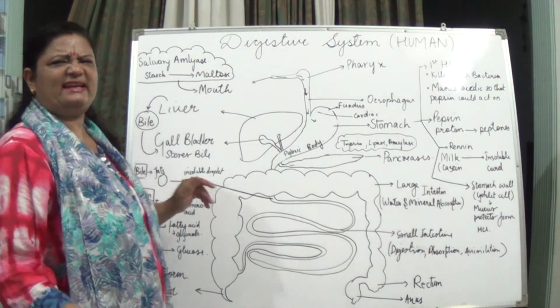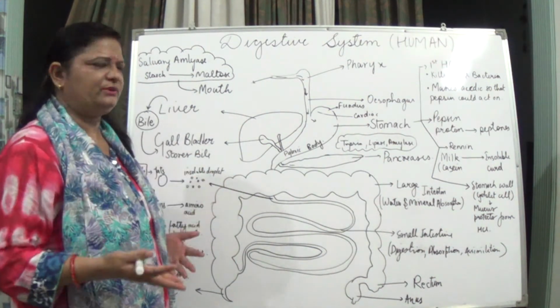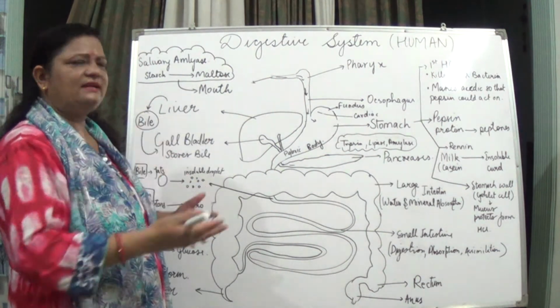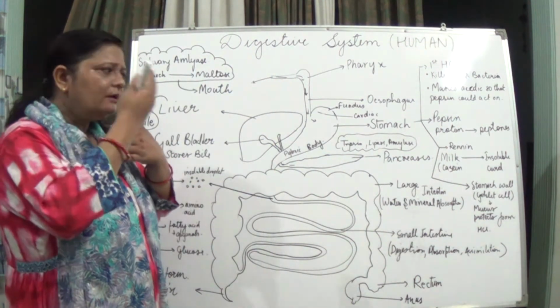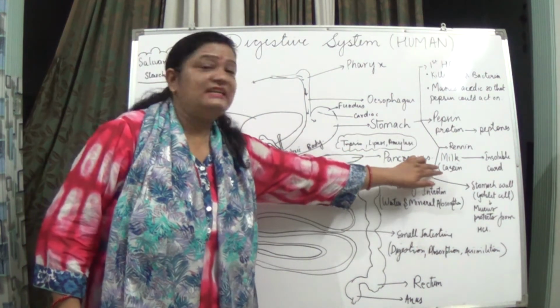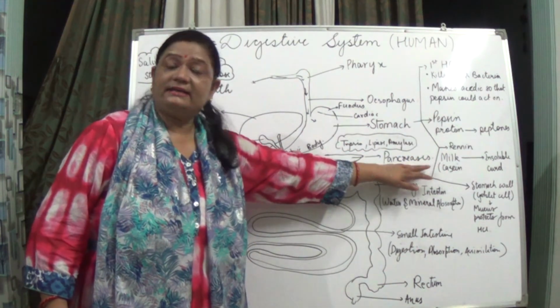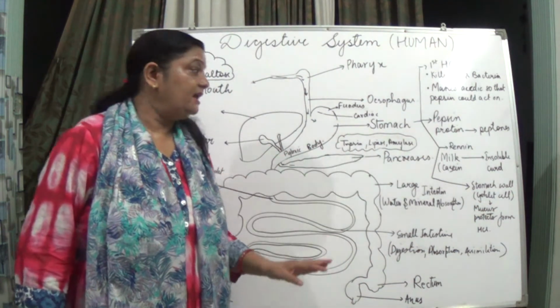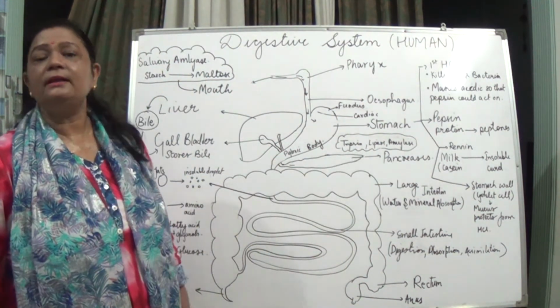You see that sometimes infants vomit the milk after drinking, and that is in the form of curd. Why? Because renin has acted on this casein and changed it into insoluble curd.